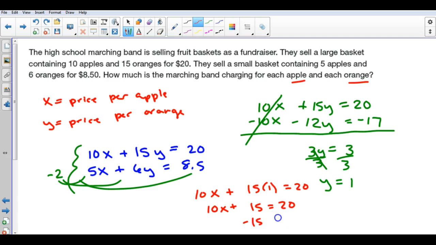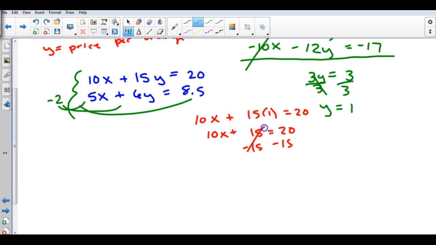Subtract 15 on both sides. I'll give myself a little more room to work here. So 10x equals 20 minus 15, which is 5. And at the very end, let's divide both sides by 10. And 5 divided by 10 is, of course, half. So I'm going to write it as 0.5. So as a coordinate, I would express this as 0.5 and 1.